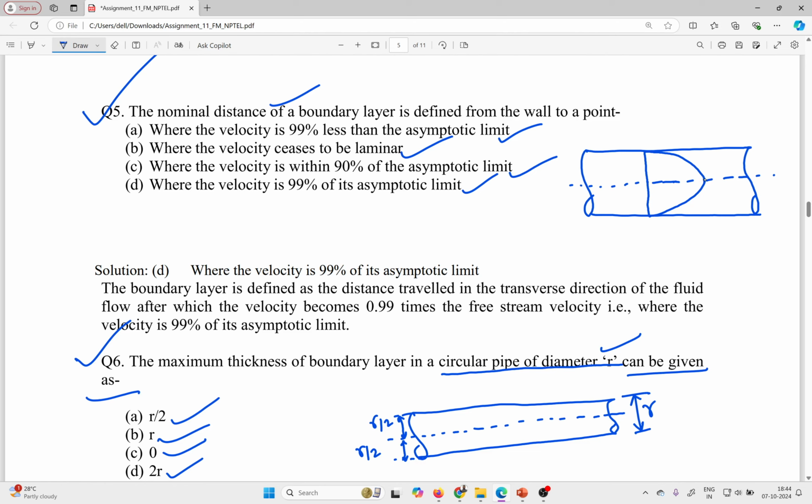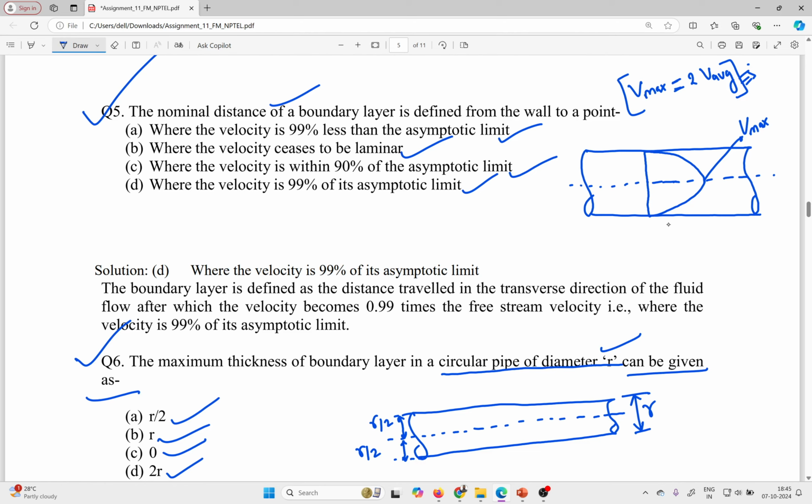I have told you this is the maximum, V max. One thing I also want to tell, V max is equal to 2 times V average. This is out of discussion, but just for you to remember.